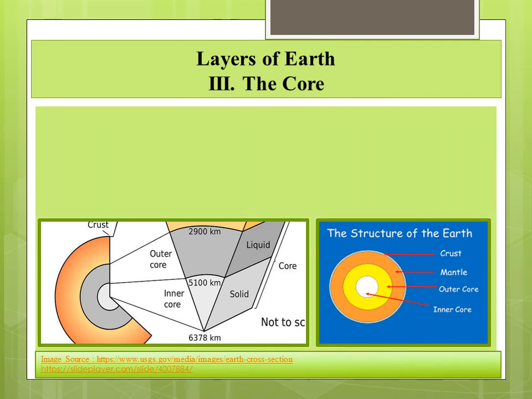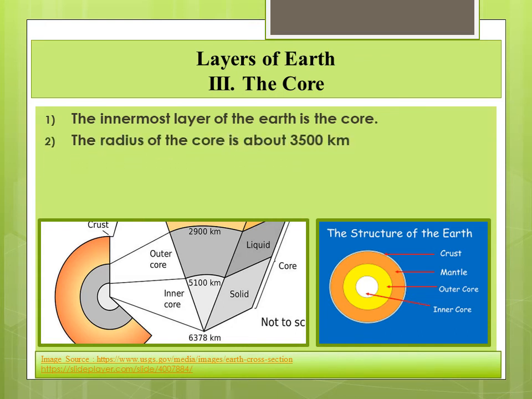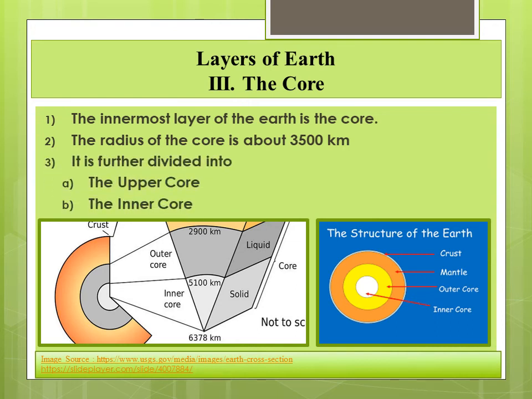The third and the last layer of the earth is called the core. The innermost layer of the earth is the core. The radius of the core is about 3,500 kilometers. The core is further divided into two layers, the upper core and the inner core.